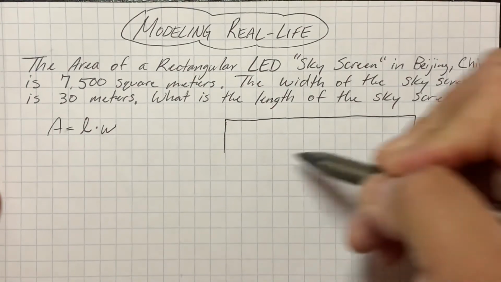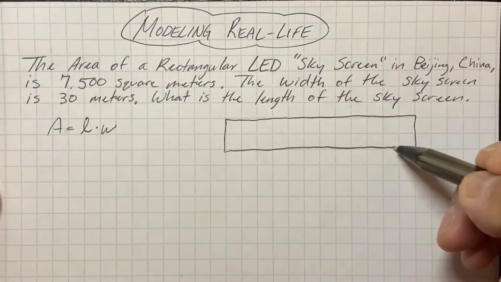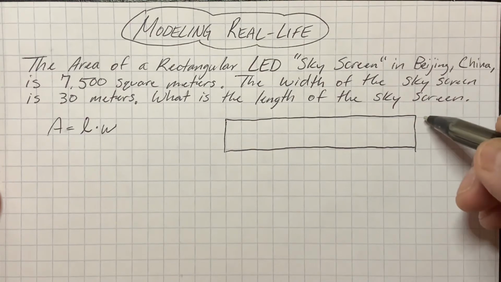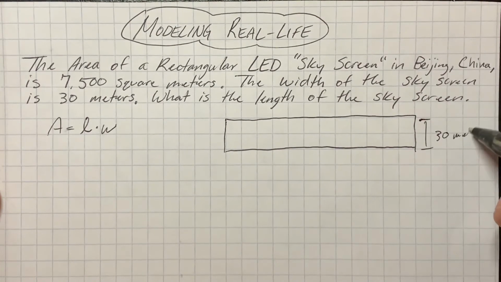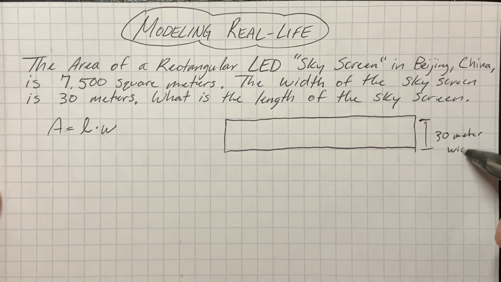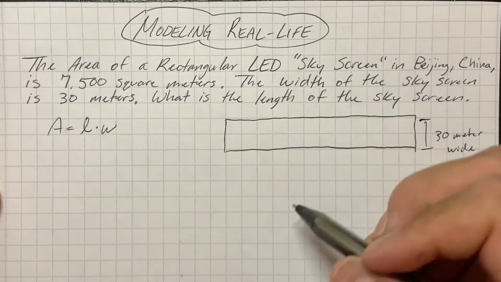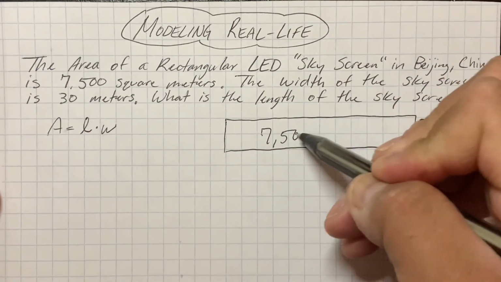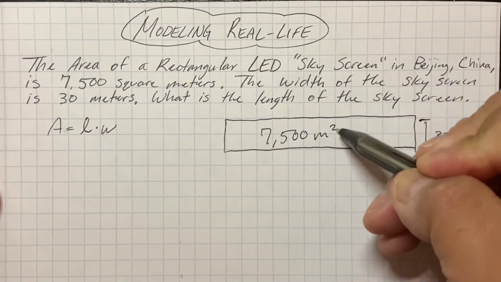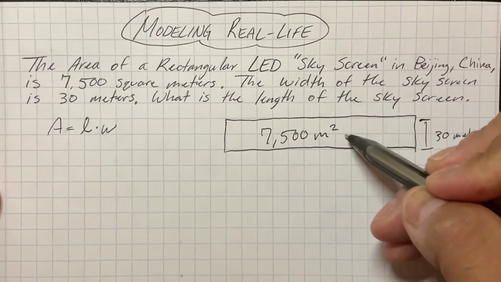So that LED sky screen is 30 meters wide. That's the width. We know that the whole thing is 7,500 square meters, and that's the area.